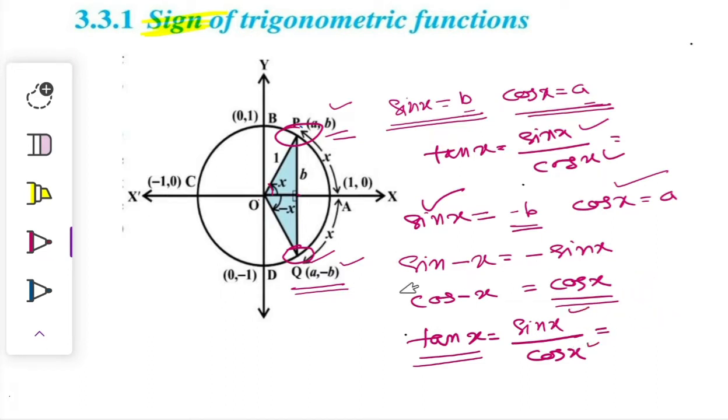Therefore, in the fourth quadrant, only cos is positive, and sin and tan are negative. Here in the first quadrant, all are positive. Fourth quadrant, cos positive.